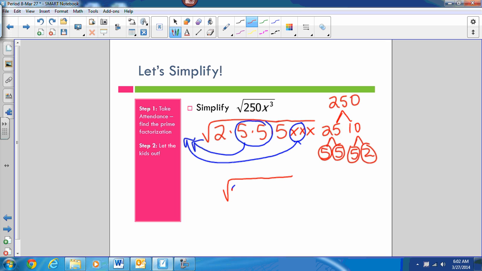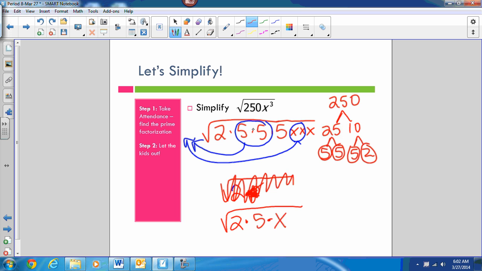Let's try that again. I'm left with 2 times 5 times x inside my radical.